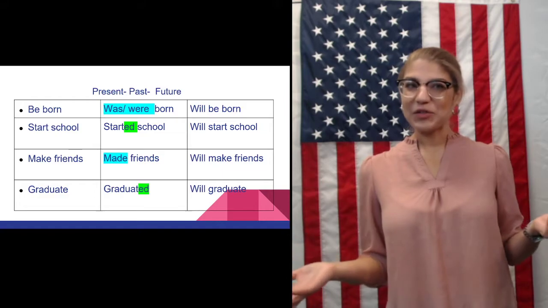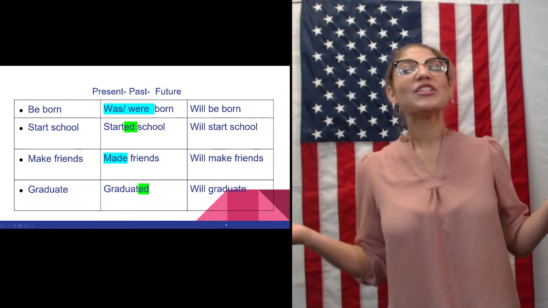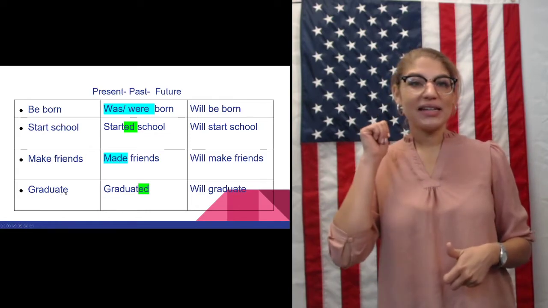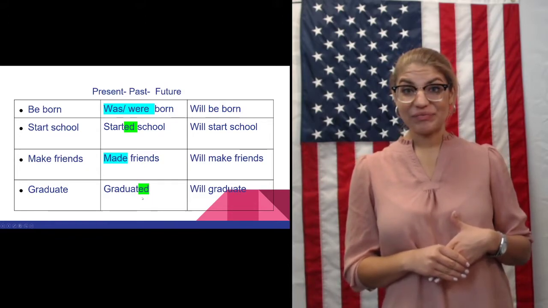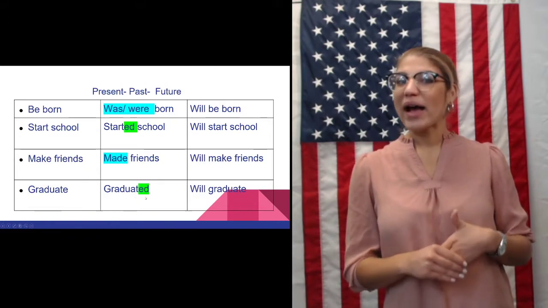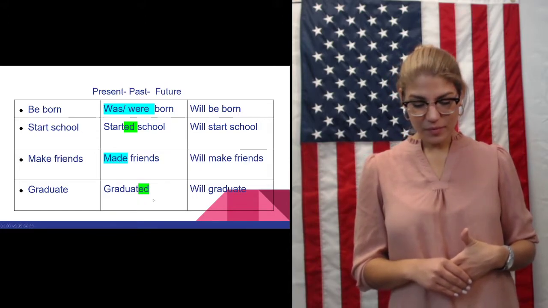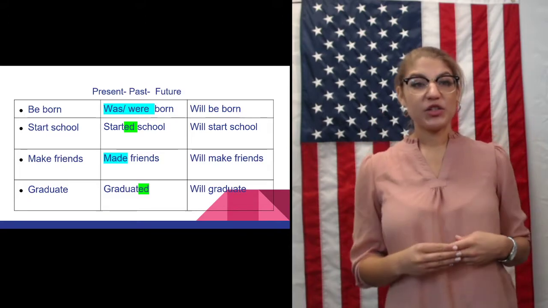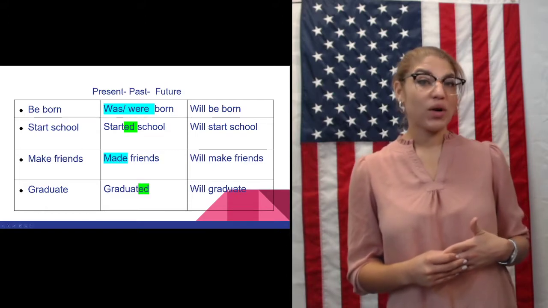Graduate. The last one here at the bottom. I graduated in 2013. I graduated in 2013. I will graduate university in 2021.